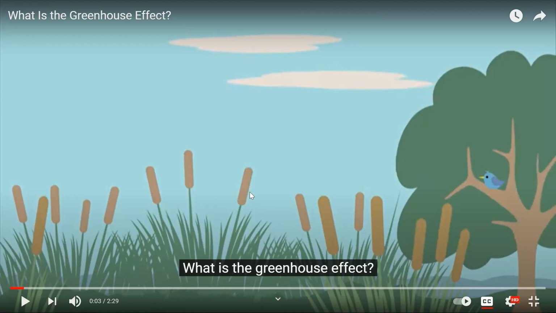Now, the reason we talk about the greenhouse effect is that, on a smaller scale, the greenhouse effect is the warming effect. On a larger scale, instead of the greenhouse effect, we talk about global warming. So global warming is simply a gradual increase in the temperature of the earth.